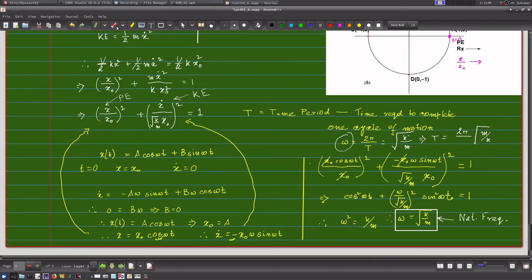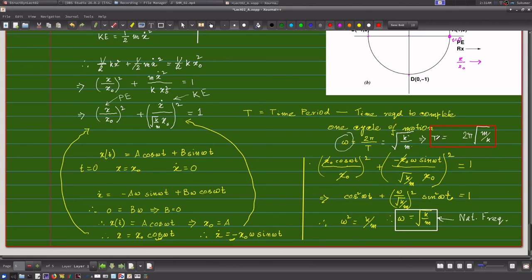This will be my natural period. Alright, let me write it a little more beautifully: twice pi root over m by k. So this is another equation we have got today.